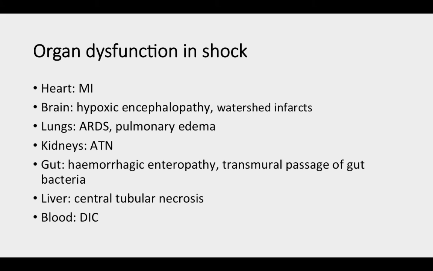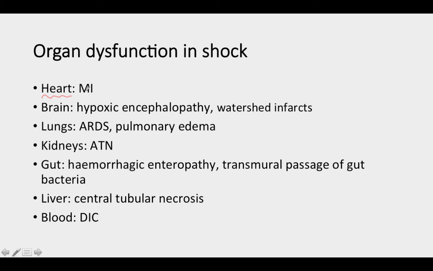So finally, let's talk about the consequences of shock. What is the impact of decreased perfusion on the different organs? Well, as you can imagine, with the heart, you can get myocardial infarctions because of impaired perfusion. We need to be careful about this because a myocardial infarction can be the cause of shock in the form of cardiogenic shock.